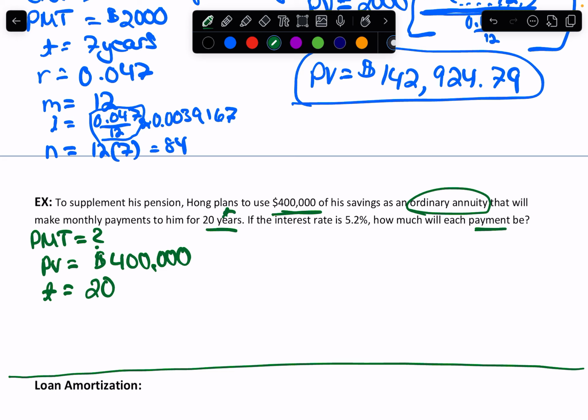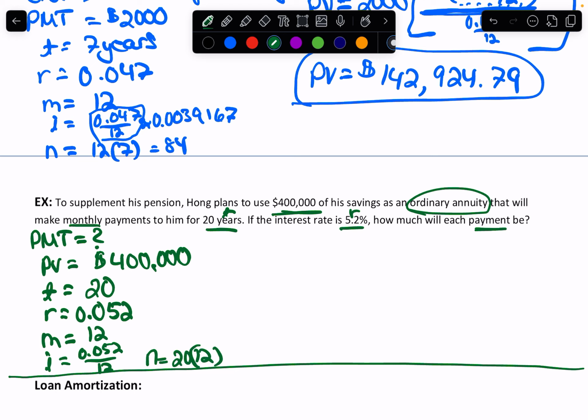R is 5.2%, so 0.052. M is the number of payments per year, and it's monthly, so that means 12 payments are made. I is 0.052 divided by 12, and then our N is 20 times 12, which is 240.